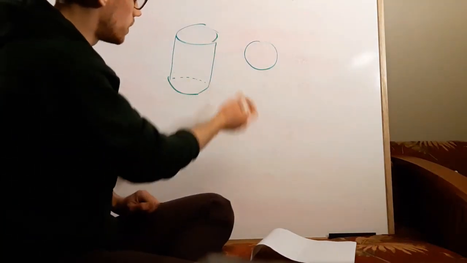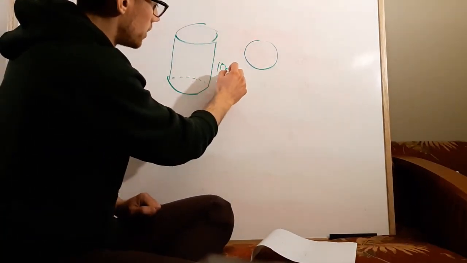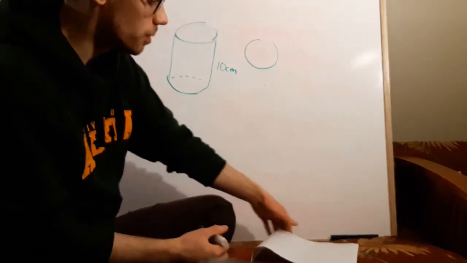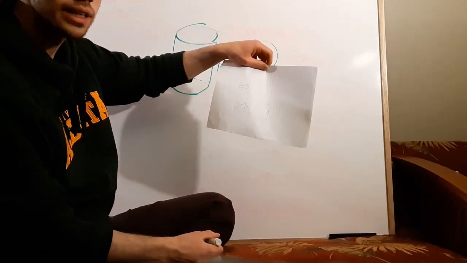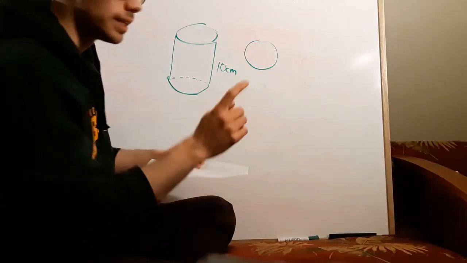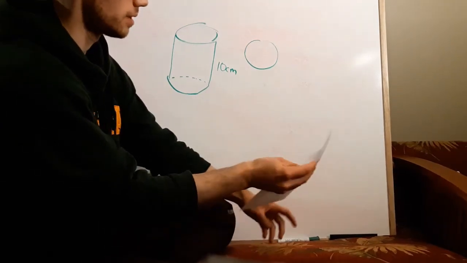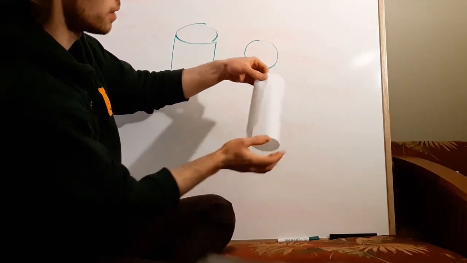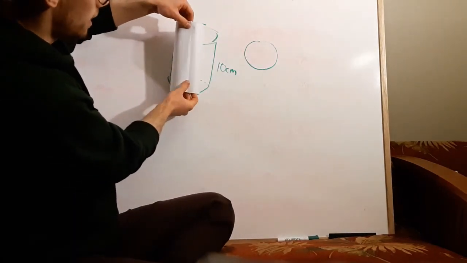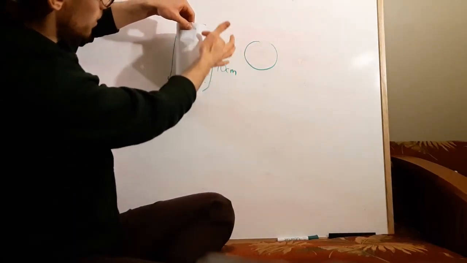If this length was, let's say, 10 centimeters, which part of this rectangle is 10 centimeters? Let's fold it up and see. When I roll this cylinder up and put it up next to that, I see that this is going to be 10 centimeters.